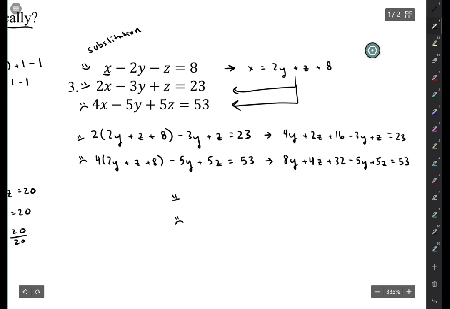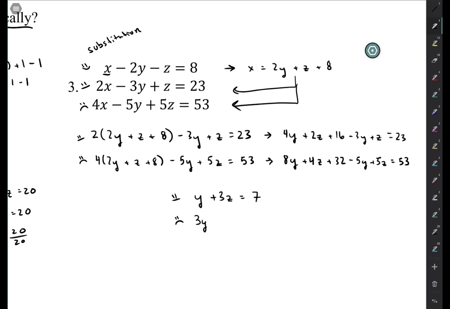Adding like terms together. So just a regular y plus 3z, and equals, if I subtract 16, 23 minus 16, 7. And bottom equation, 8y minus 5y is 3y.